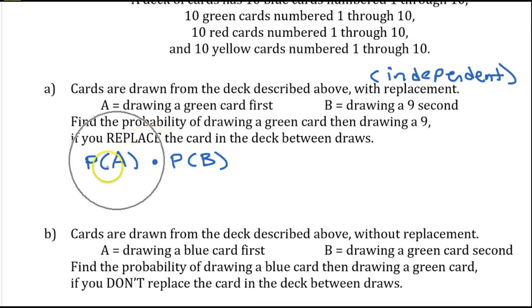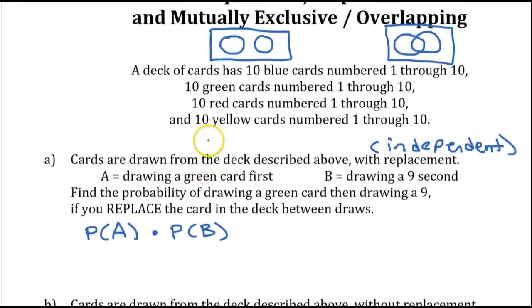So what is the probability of drawing a green card? Well, there are 10 green cards. I'm thinking target over total. So there are 10 green cards out of a total of 40 cards. Now, what's the probability of drawing a 9? How many 9s are there? Well, there's one for every color.